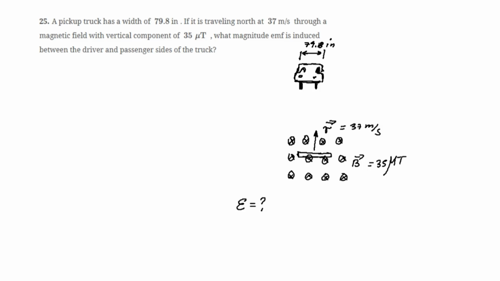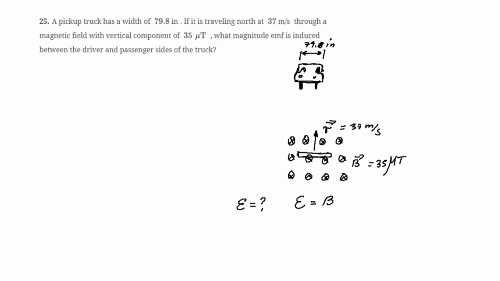Now, what we know from previous slides, when I was explaining, I called that part motional electromotive force. We know that the equation to calculate the motional electromotive force is BLv.